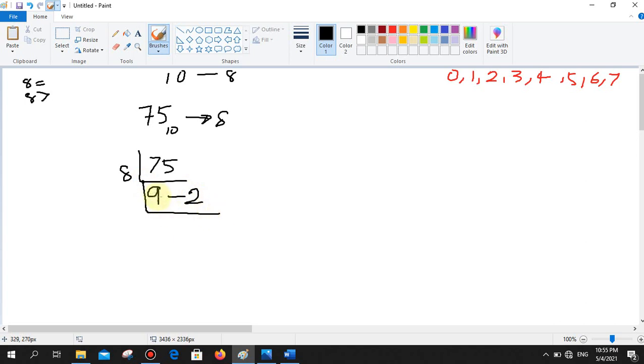After that we need to divide 9 again, because it is greater than 8. After dividing that one, 1 will come, 8 times 1 is 8 and the remaining is 1. If this way is hard for you all, you can do your rough work like this.